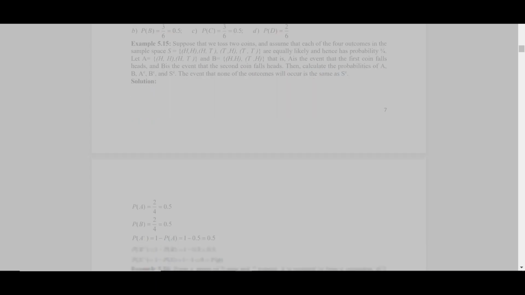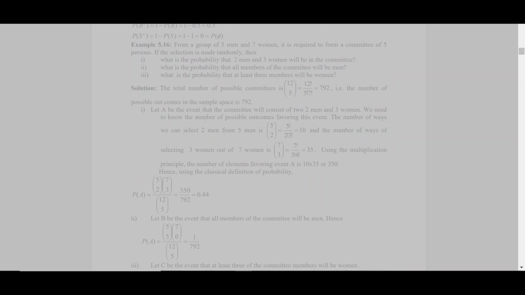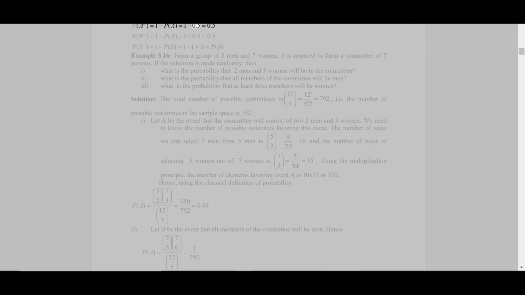Then, calculate the probabilities of A, B, A complement, B complement, and S complement. The event that none of the outcomes will occur is the same as S complement. Solution: P(A) equals 0.5, P(B) equals 0.5, P(A complement) equals 0.5, P(B complement) equals 0.5.